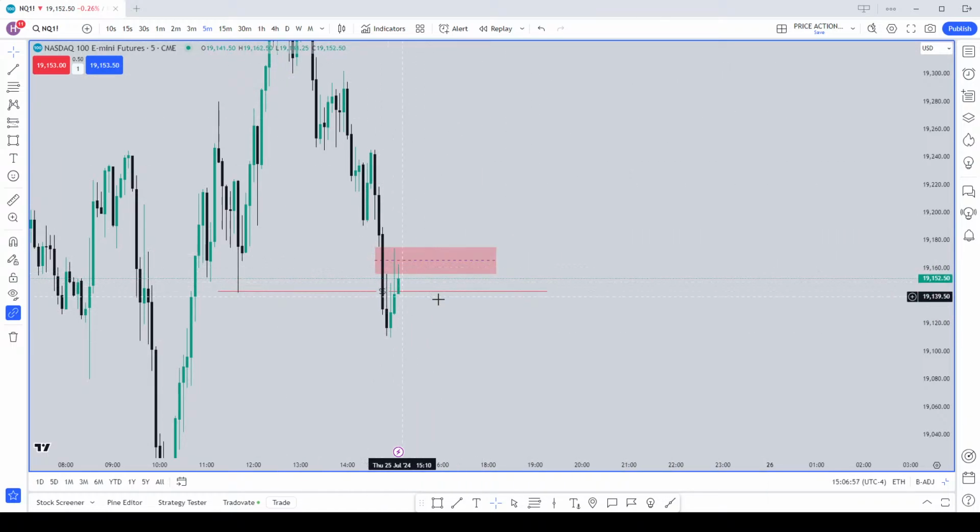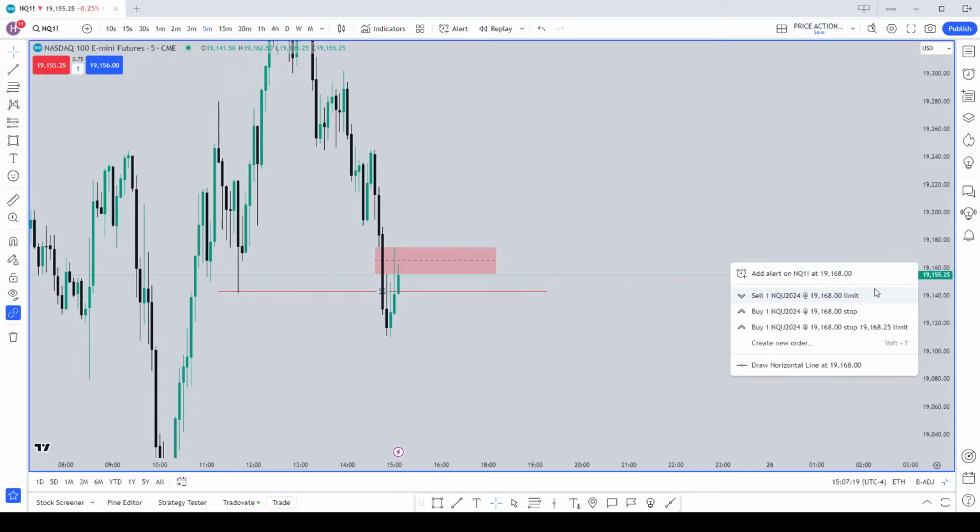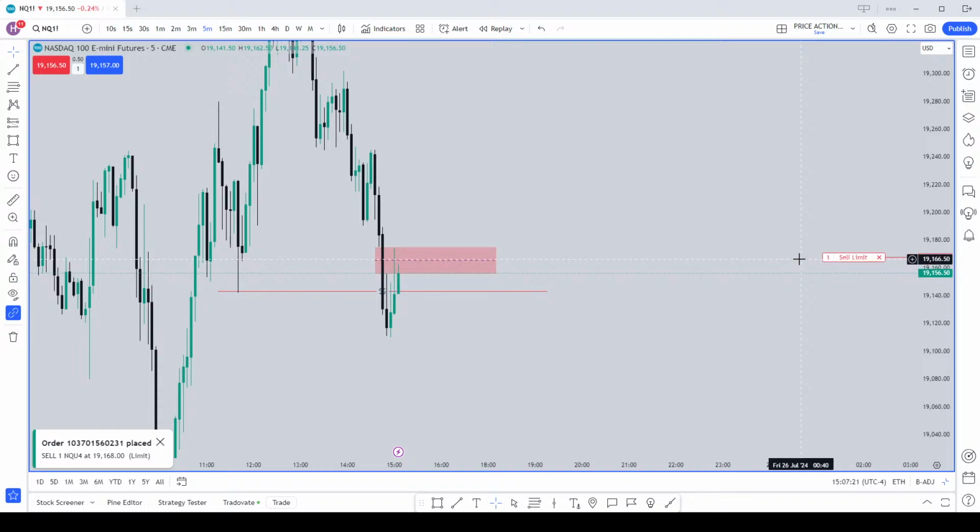Respecting this right here. I might actually be interested in the shorts. I'll go to here. See if we like these. And our stop would be above this right here.